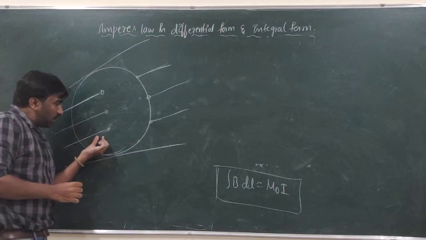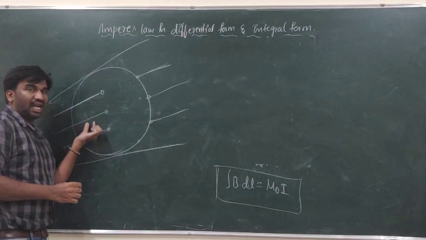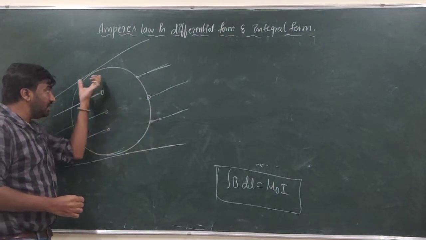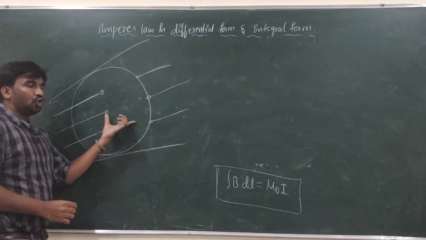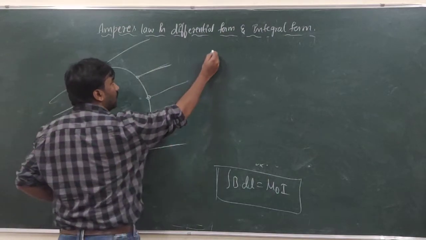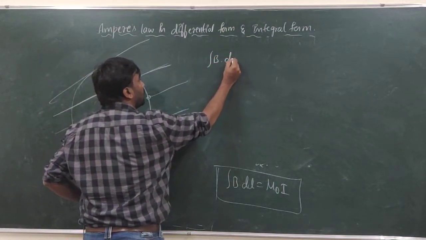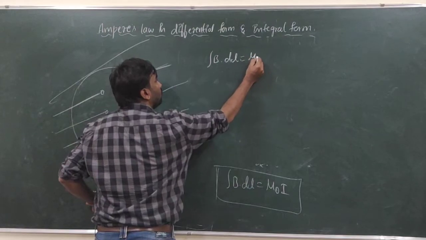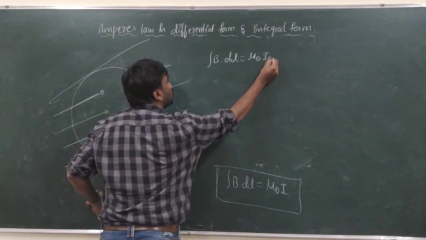Then each current wire which enters this closed loop will give mu naught I. That means the integral B dot dl is equal to mu naught into I enclosed.